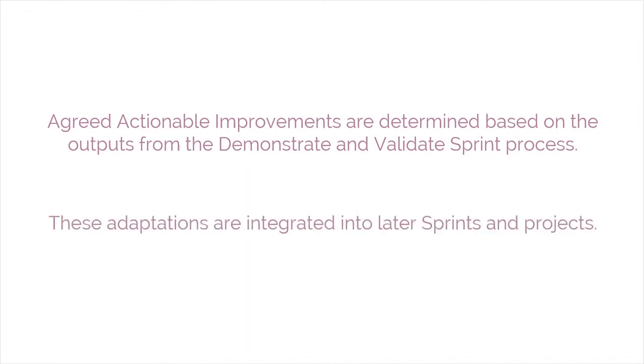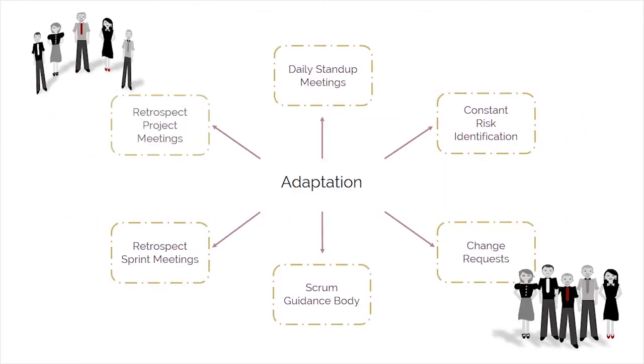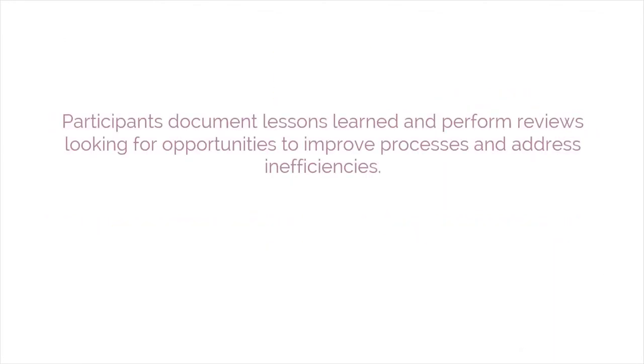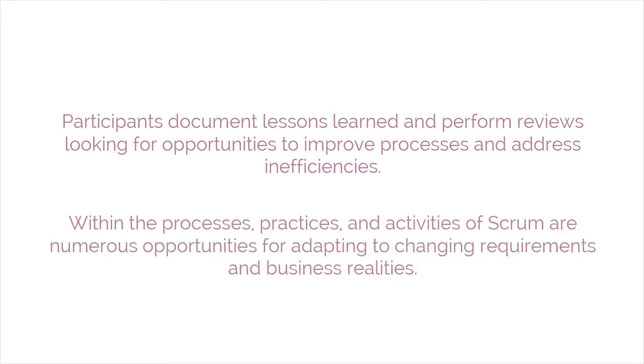These adaptations are integrated into later sprints and projects. And in the Retrospect Project meeting, participants document lessons learned and perform reviews looking for opportunities to improve processes and address inefficiencies.